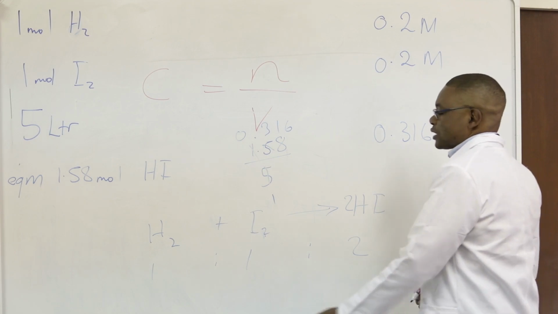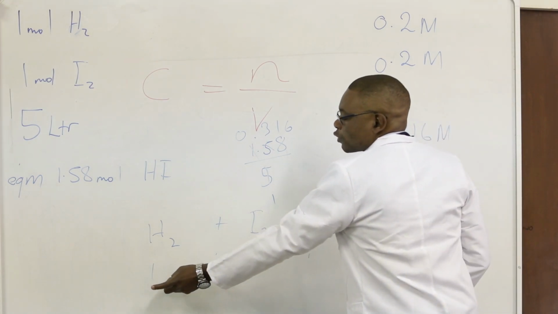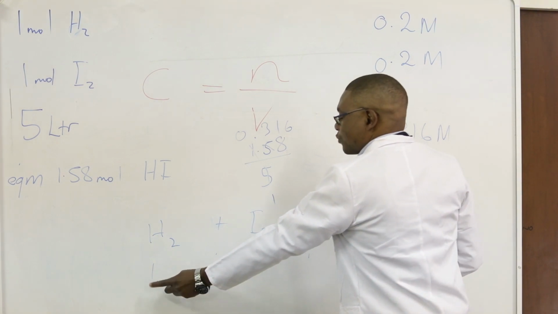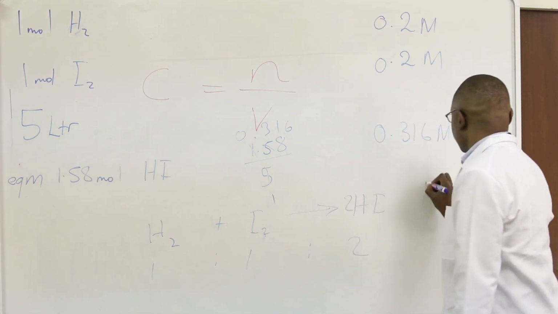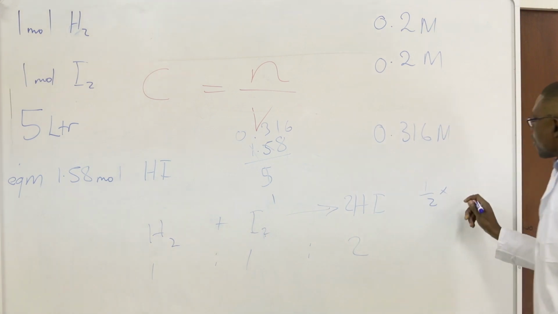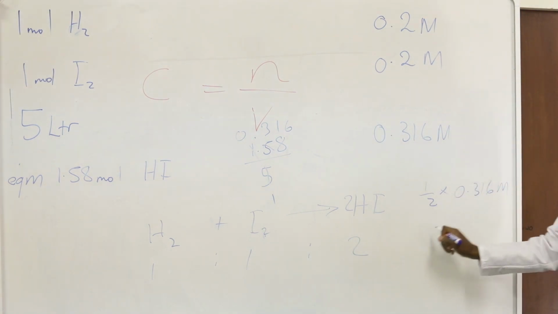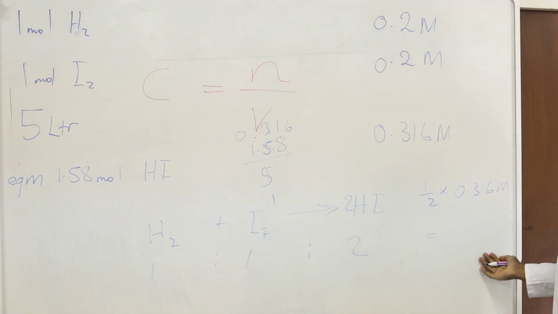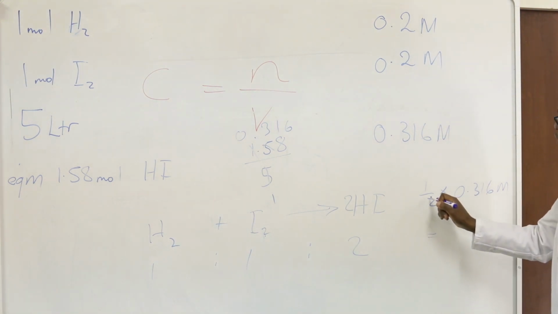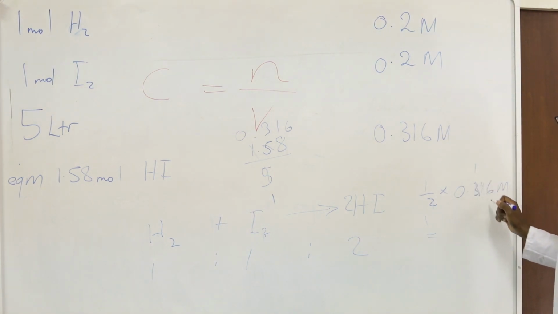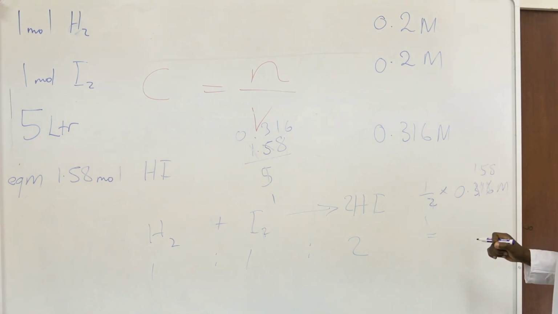So how do we account for the concentration of iodine and hydrogen? You just say the ratio of hydrogen to hydrogen iodide is 1:2. So if you take half of 0.316, what does it give you? 2 into 3 is 1, remainder 1, into 11 it's 5, remainder 1, into 16 it's 8.